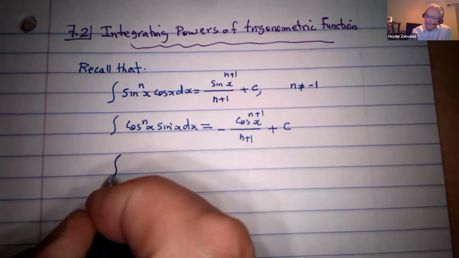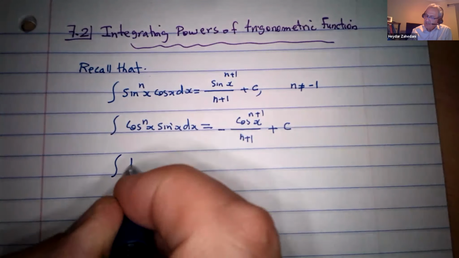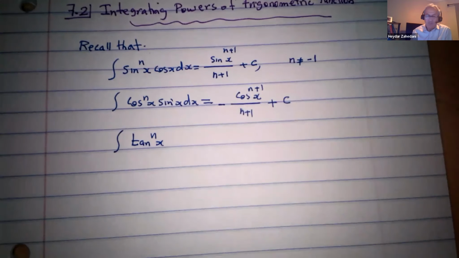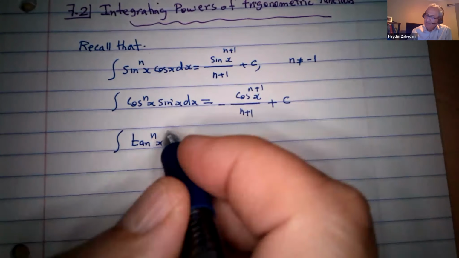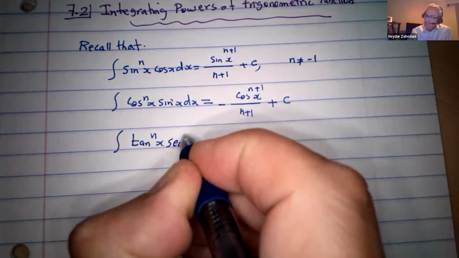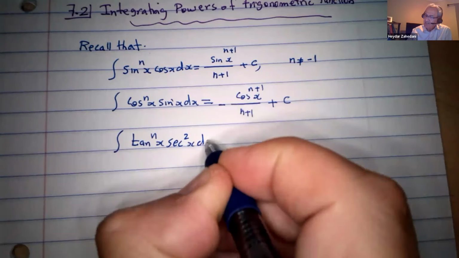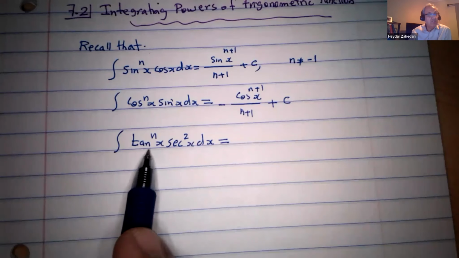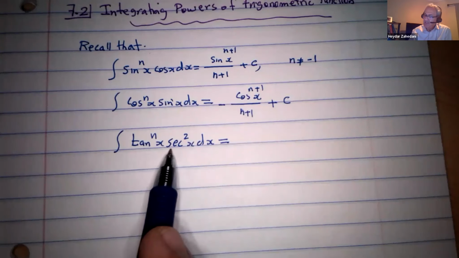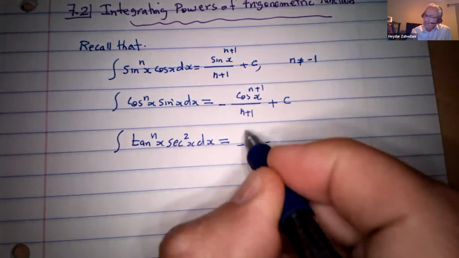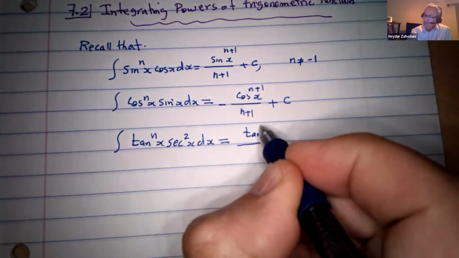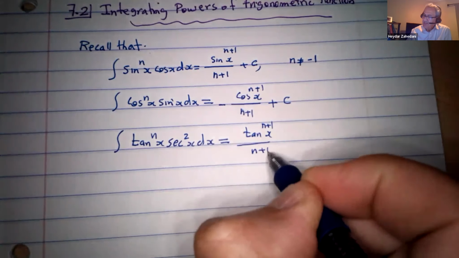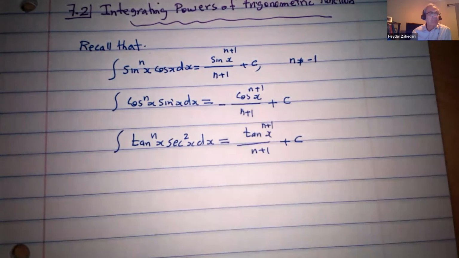If you want to have a tangent, you take u to be tangent x, and u prime would be secant squared, so you need a secant squared of x dx. If you have it, again use substitution, and the result is tangent to the n plus 1 of x over n plus 1, plus the constant c.